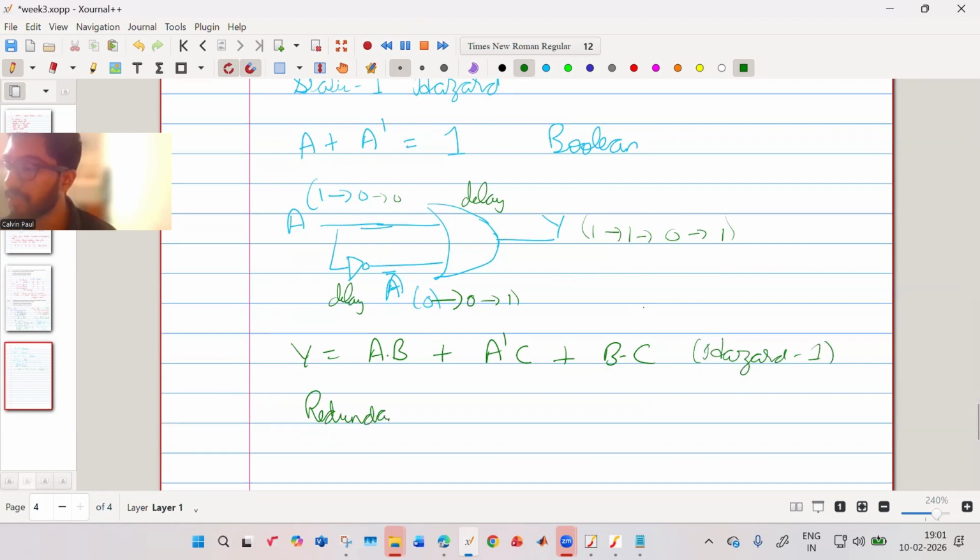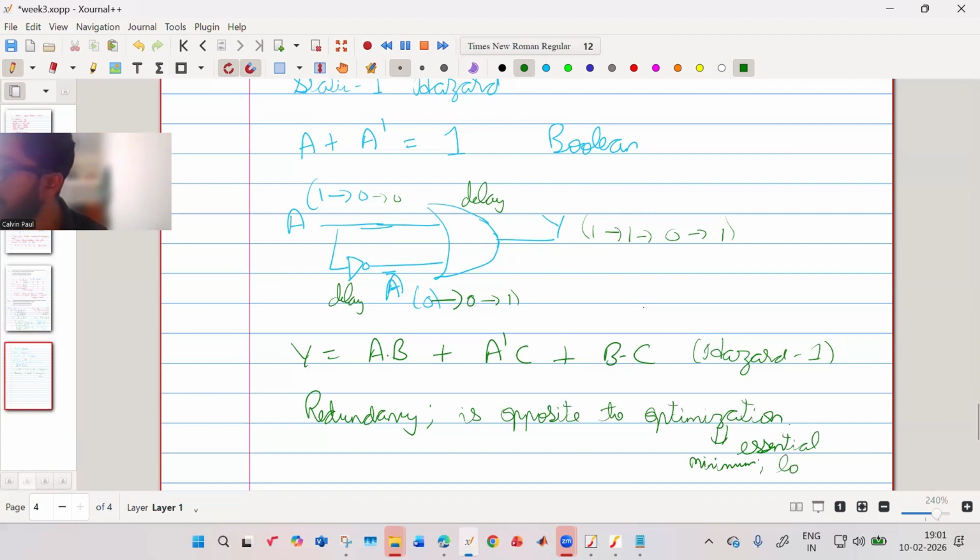They add redundancy. That is, certain logic gates you may not require. Like what we studied previously, we studied optimization. Redundancy is opposite to optimization. Optimization means you want to have the bare minimum, the essential logic gates required to get the output.